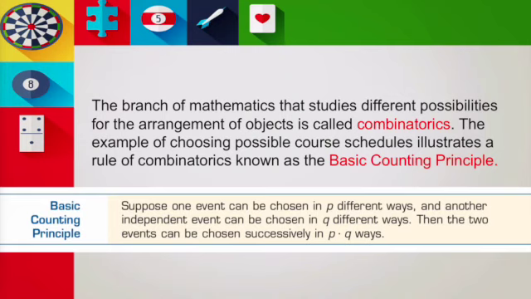The example of choosing possible course schedules illustrates the rule of combinatorics known as the basic counting principle. So if one event can be chosen in P different ways, and another independent event can be chosen in Q different ways, then the 2 events can be chosen successively in P times Q ways. And you can expand this for an infinite number of independent events, right?